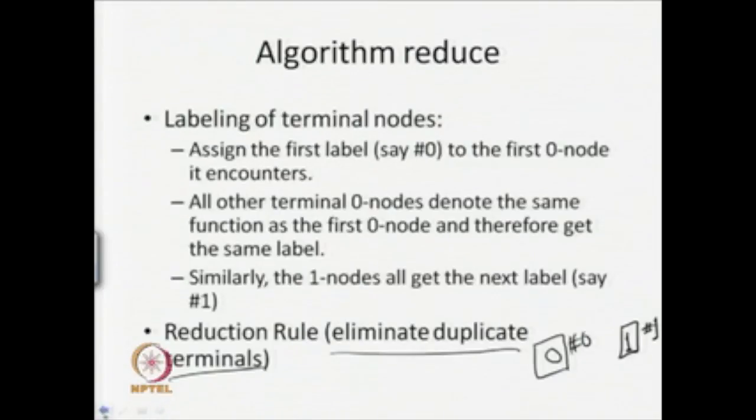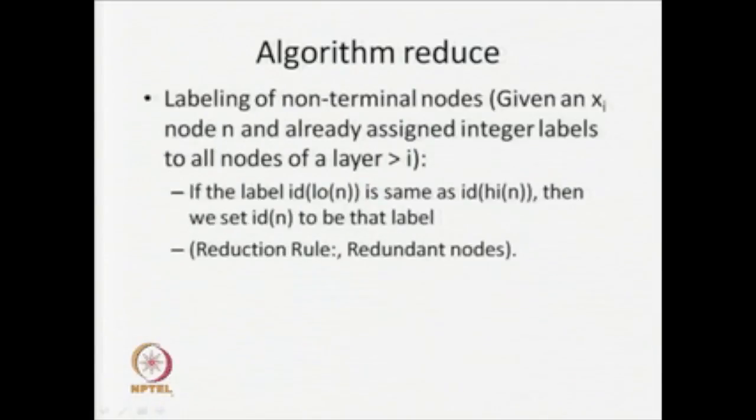Now, secondly, once we label those terminal nodes, next we follow a bottom up approach and we get some non-terminal nodes. Labeling of non-terminal nodes: given an xi node n, we have already assigned integer labels to all nodes of layers greater than i.